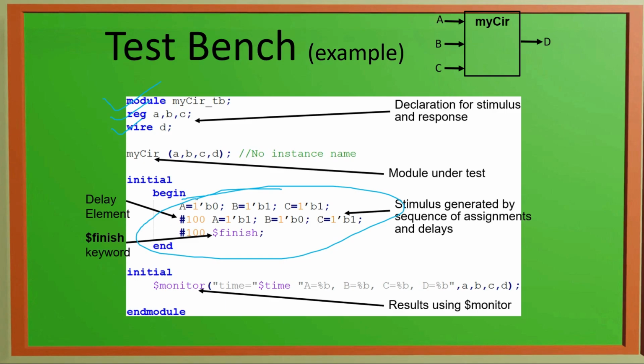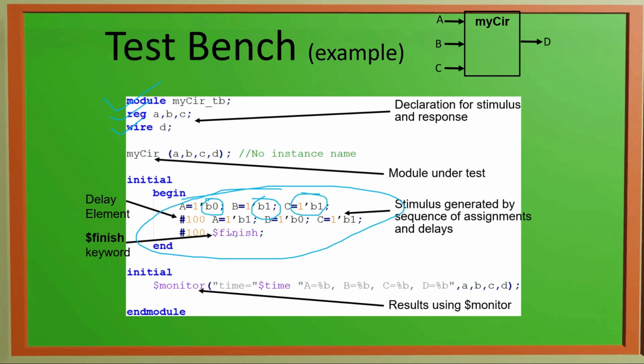So I am saying 1'b0. The first number 1 defines the number of bits, so this is 1 bit, b0 means it is binary and the logic will be 0. So the second input B is 1 bit, binary, logic level 1.